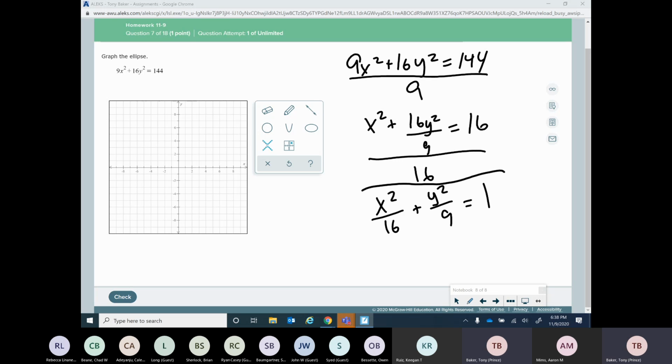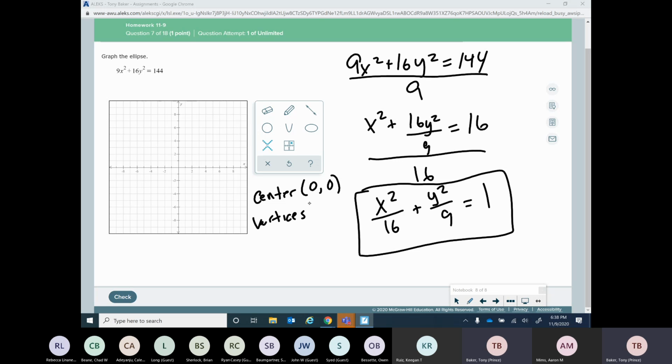Now this formula is in the correct format. So I can come up with my vertex, my vertices, my center, and my co-vertices. So my center for this one is 0, 0, because there's nothing added to the top of either one.